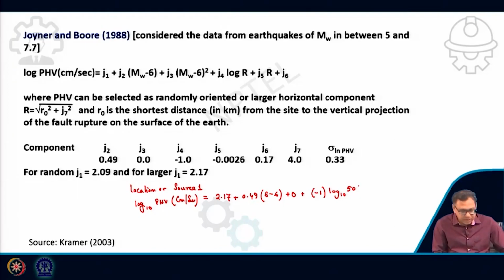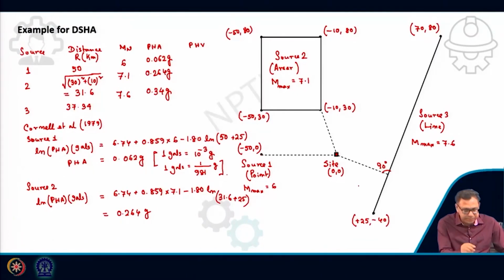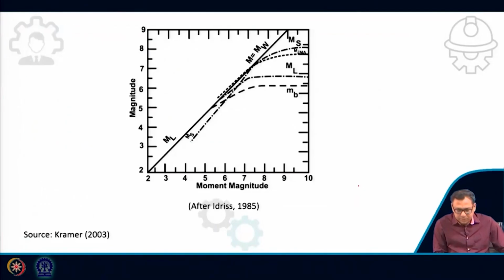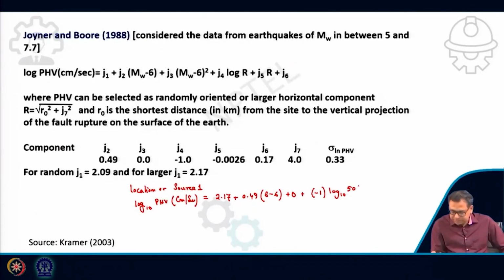Okay. So because R is 50, it will slightly change, because R is actually the square root of R0 square plus J7 square. So here R0 is 50 square, J7 is 4 square.